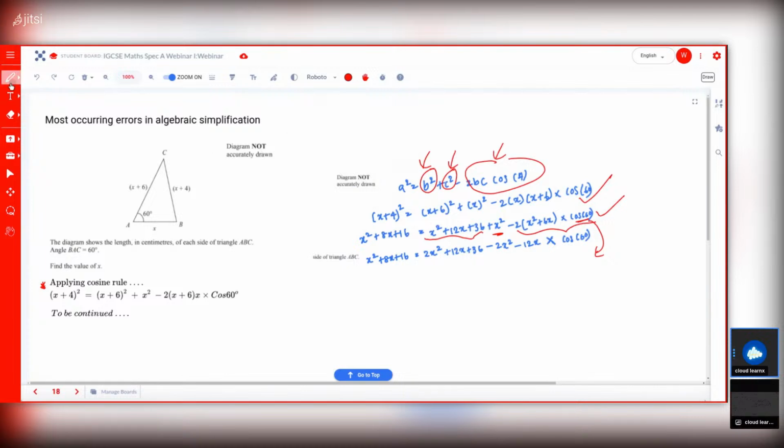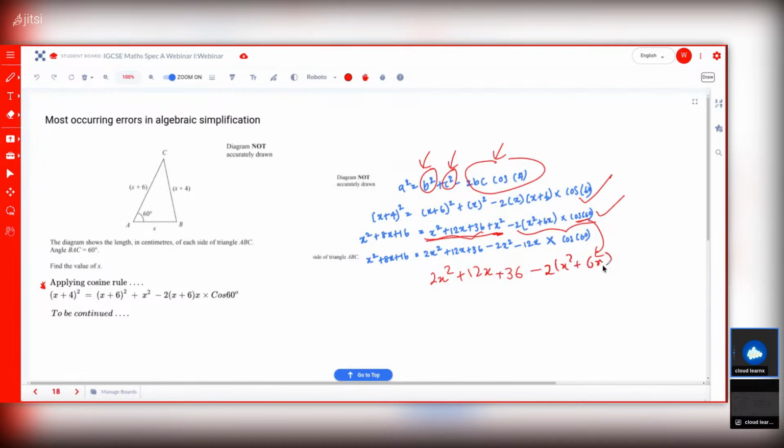Anyways, okay, so it's supposed to be 2x squared plus 12x plus 36. And then you have, yeah, well, you can simplify all of this. That's fine. And then you have minus 2x squared plus 6x times half.